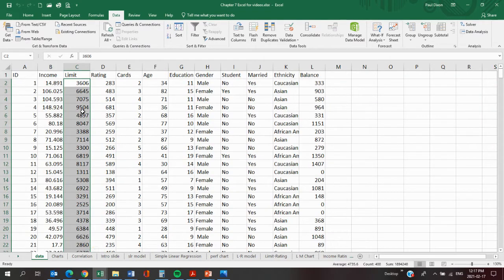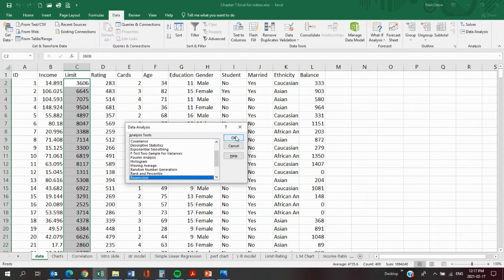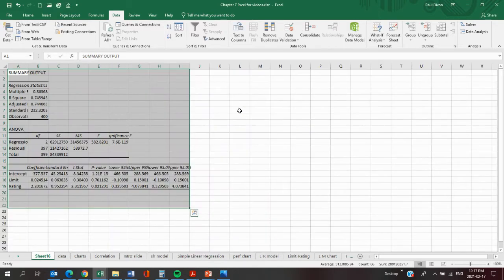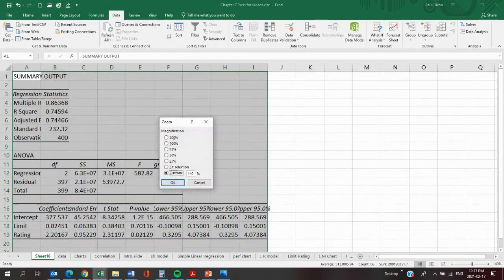Let me go back to data analysis, regression, and I want columns C and D. I'm going to skip these plots for the moment. We'll look at those plots soon. They're useful to us.